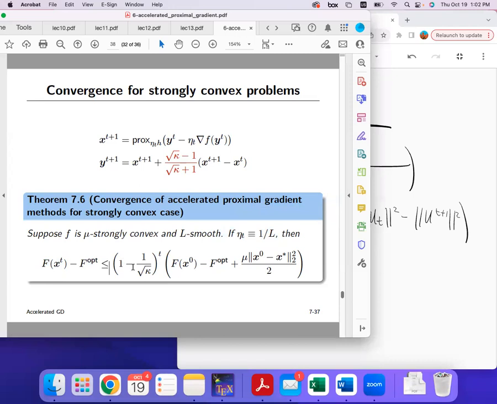Here, this diminishing parameter is 1 minus 1 over square root of kappa, instead of 1 minus 1 over kappa as in the convergence rate of the proximal gradient method. And this is faster because of this square root.